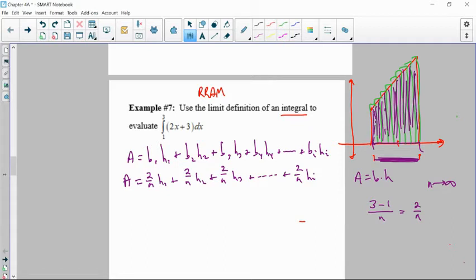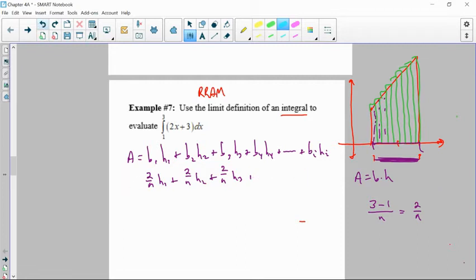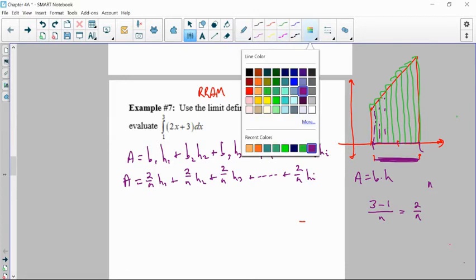Now, let's figure out what these heights are. Let's look at this first height here. So if you have your rectangle here, I'll undo that, go back to this green. Sorry, my bad. There you go. So we have that first rectangle, let's look at that, maybe in blue.